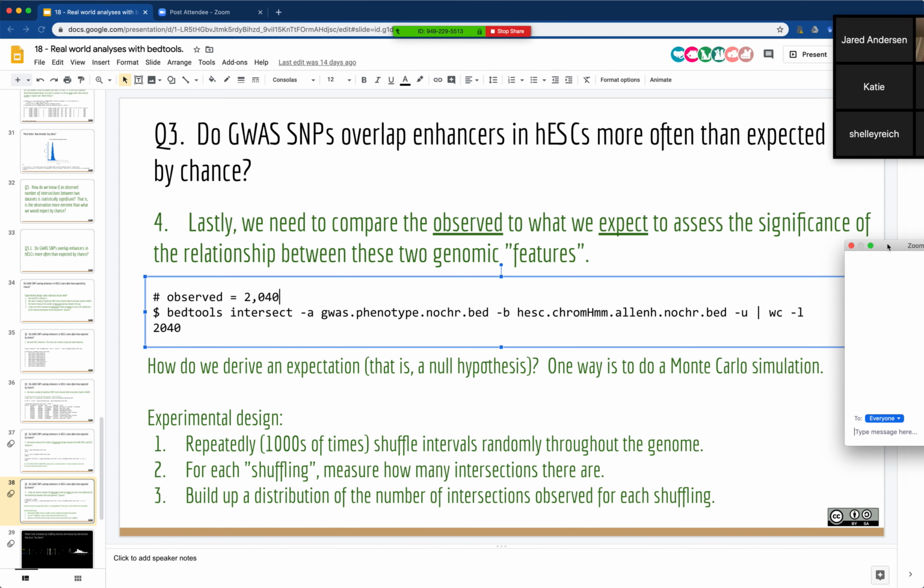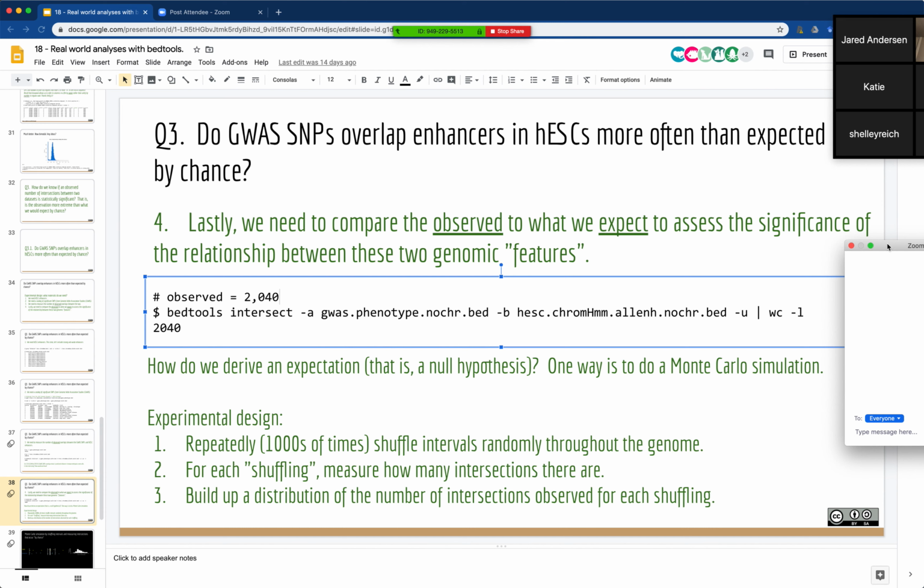We repeat that experiment many, many times, and for each experiment, we track the number of intersections that we make when we reshuffle. If we collect all the intersections from each of those reshufflings, say 1,000 times, we can build up a histogram of the number of intersections that we observe from each of those 1,000 Monte Carlo trials.